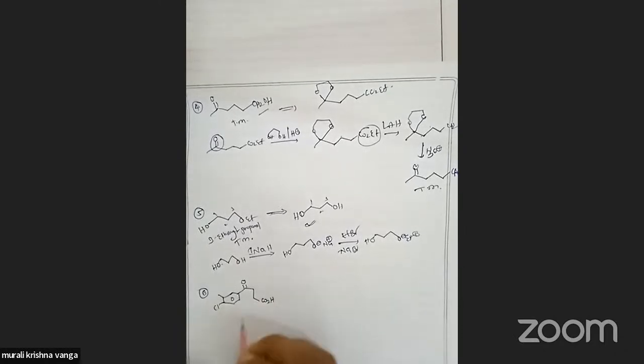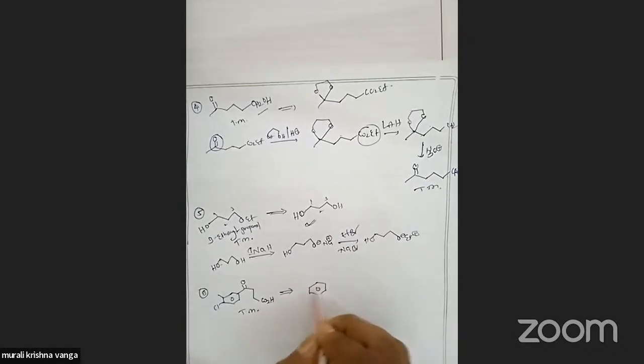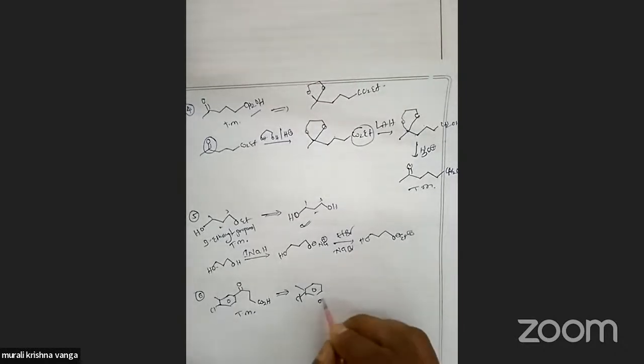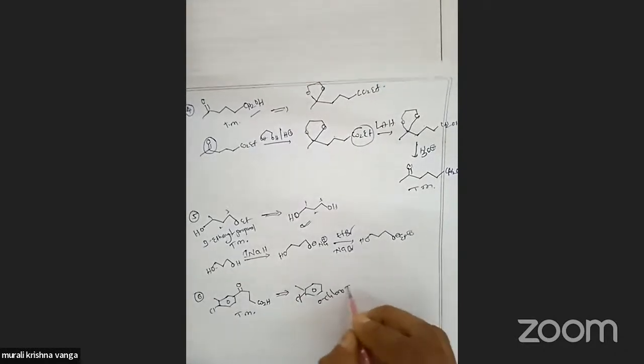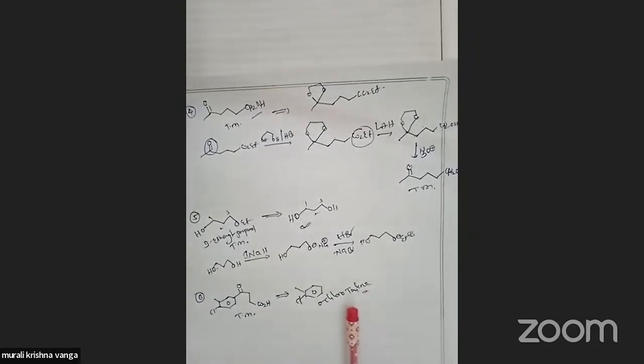This is the target molecule. When it undergoes functional group interconversion, it converts into chlorotoluene, orthochlorotoluene, which is the product.